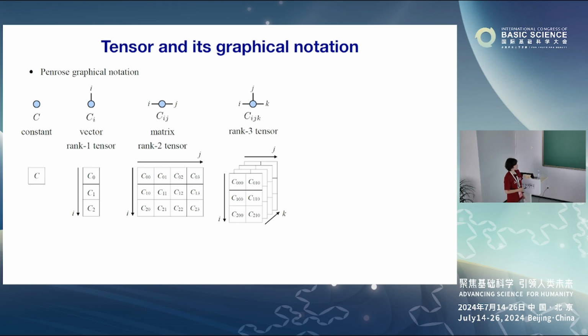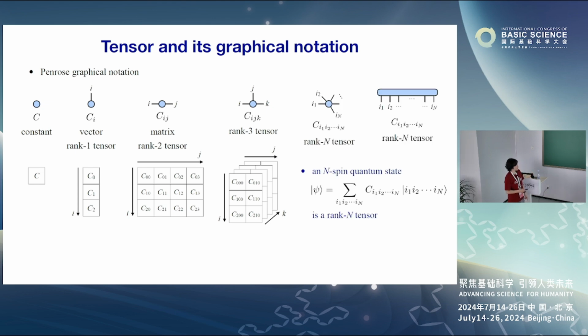If we have a matrix, we have two indices, and we draw a picture with two open legs. And if we have a rank 3 tensor, there will be 3 outer legs. And if we have n indices, we can draw a picture like this with n outer legs. So this is a kind of graphical notation of the tensors.